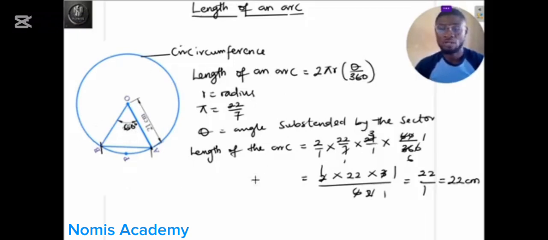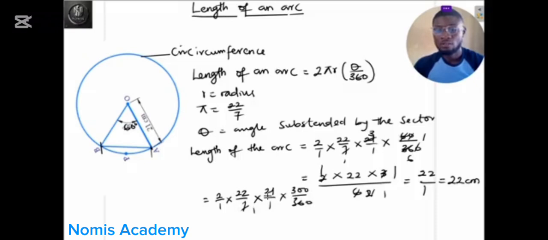So let's quickly do that roughly. The length of the larger arc, the major arc, we will still take the same formula to calculate it. So 2 over 1 multiplied by 22 over 7 multiplied by the radius, which is still 21, multiplied by this time 300 over 360.